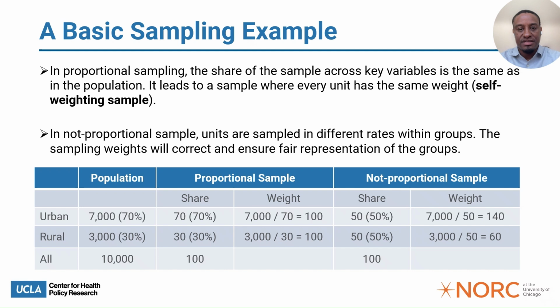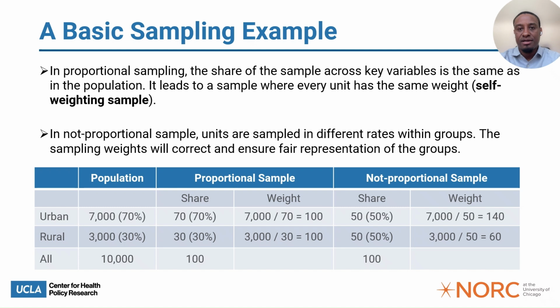If you look at the columns in the proportional sample, we're going to select a sample of 100 and we're going to be allocating the sample proportionally, meaning we're going to have 70 units in the urban areas and 30 units in the rural area. To calculate the weight, we divide the population size by the sample size. So that gives us in the urban areas a weight of 100 for each sampled unit there.